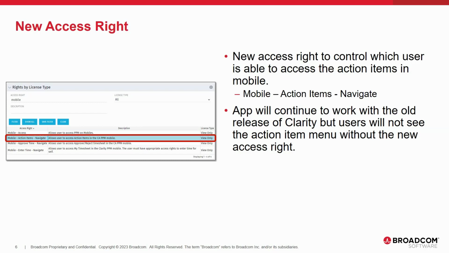Without this access right, the user will only see the existing menu items, which is the My Timesheet and Review and Approve timesheets. The app version 3.2.0 will continue to work with the older version of Clarity. However, the users will not see this new action item without the access right.